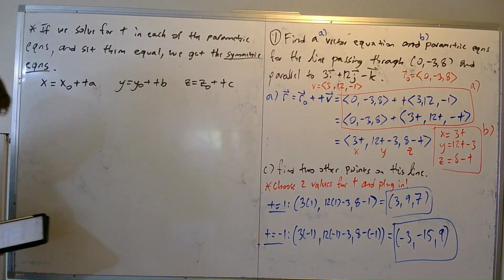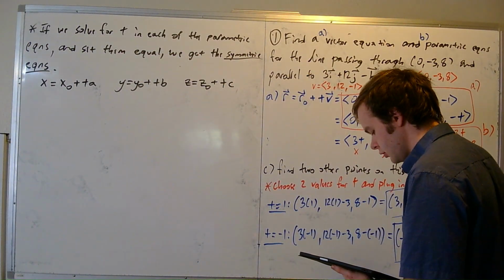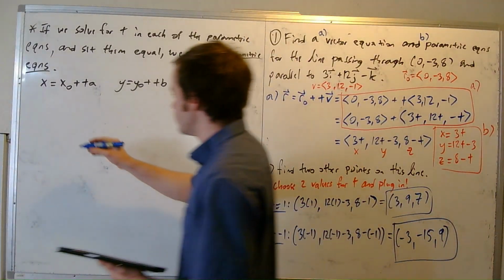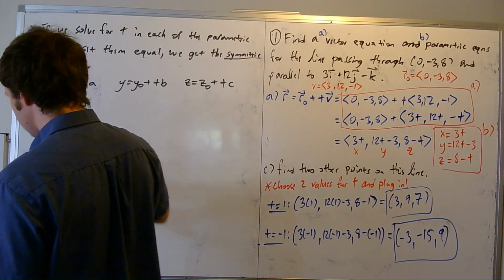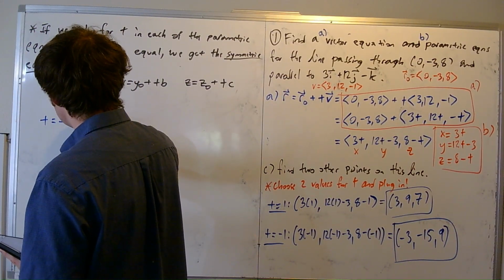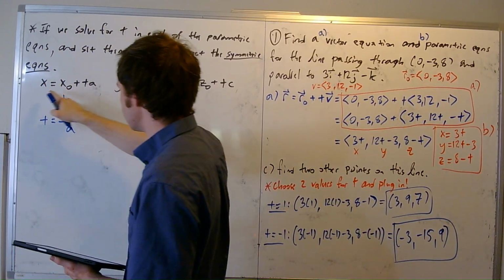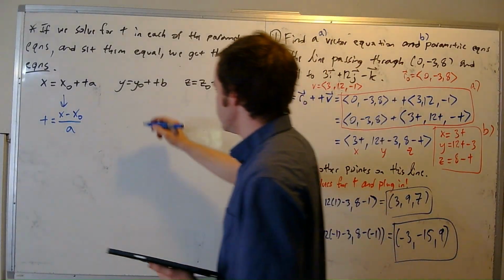Now, what we said here is we're just trying to solve these equations for t. So if we do that, this is going to become t equals x minus x0 over a, right? So you subtract x0 on both sides, then you divide by a on both sides. That's what you get if you solve for t.